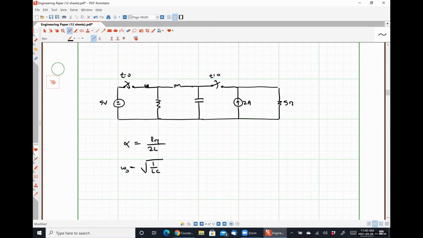If these guys are equal, then that gives me REQ over twice L is equal to 1 over the square root of LC, or my equivalent resistance is equal to 2 times the square root of L over C. Right? So if I have L divided by the square root of L gives me a square root of L in the numerator. And then square root of C is still in my denominator. And I have a factor of 2 that's going to be outside.